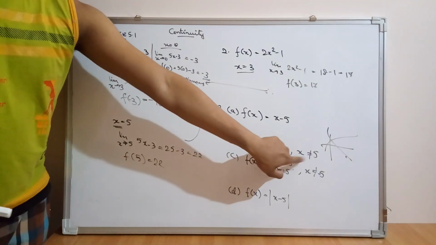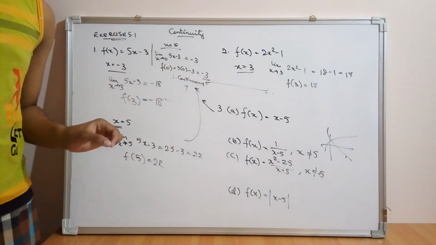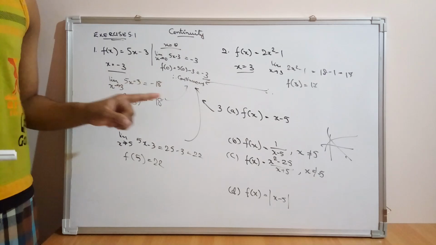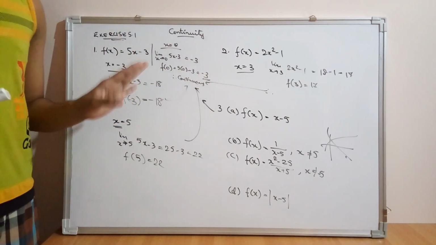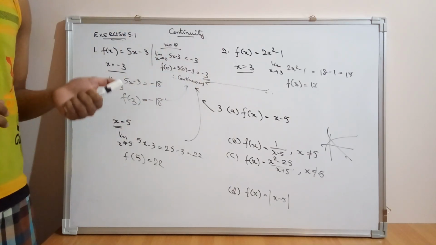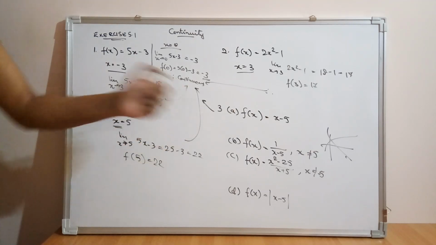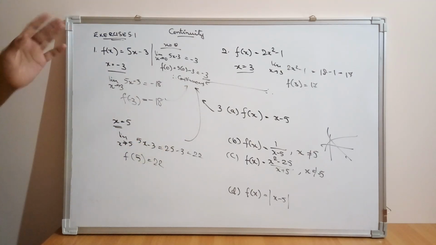If you consider the point x is equal to 5, at that point it is going to be discontinuous. Since 5 is excluded from the domain, you can consider that it is going to be a continuous function.